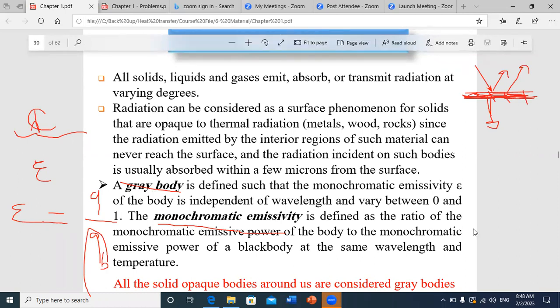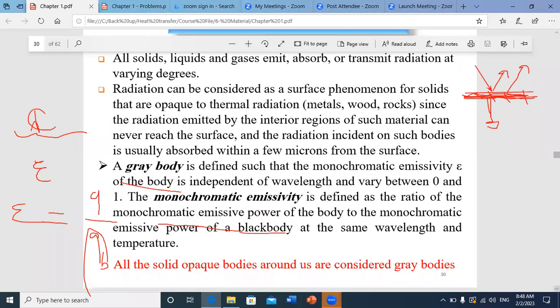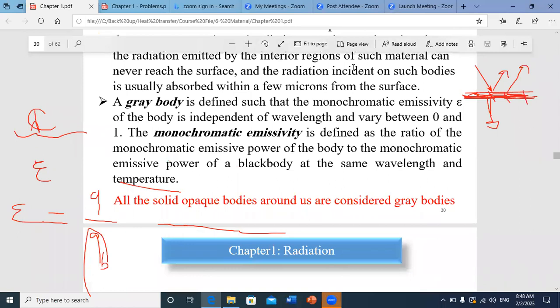This is why whenever you want to find the emitted radiation flux, the formula that you will use is epsilon, which is the emissivity of the body that will be given to you, times the area, if you are considering the rate of radiation, times sigma, which is a constant, times the temperature of the surface to the power 4. So this is how you can calculate the emitted flux.